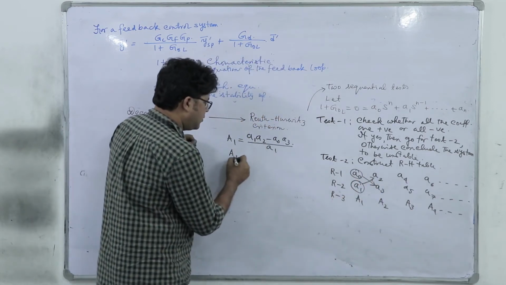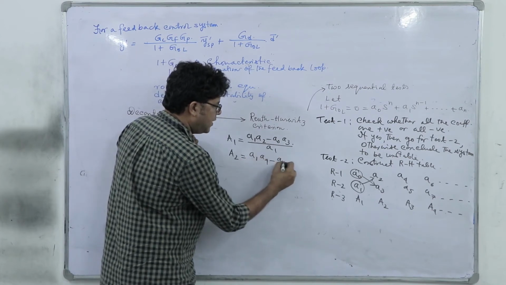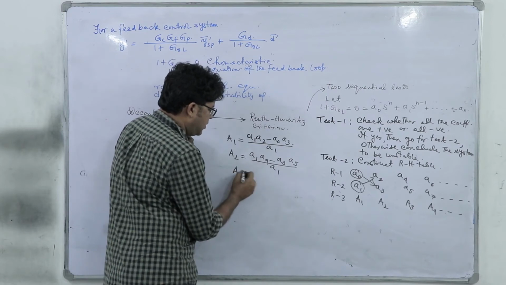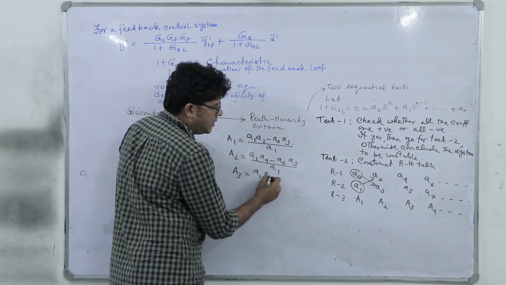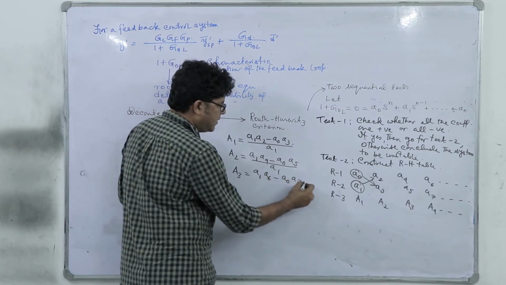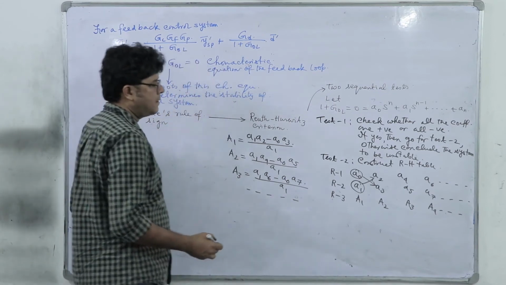Next, capital A2 is just sequential multiplication: (A1 into A4 minus A0 into A5) by A1. A3 will be (A1 into A6 minus A0 into A7) divided by A1, and so on.